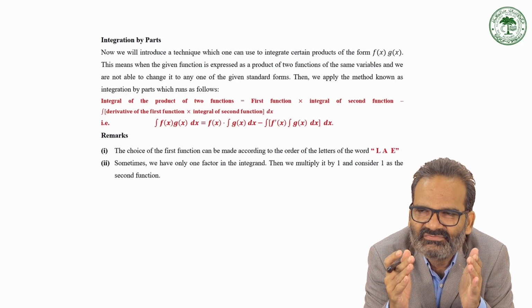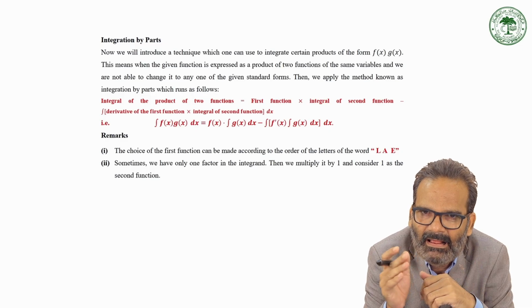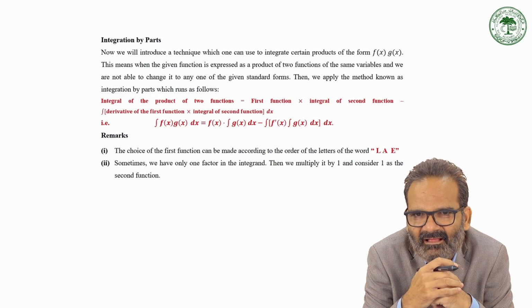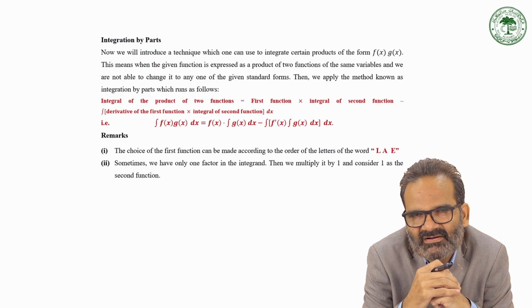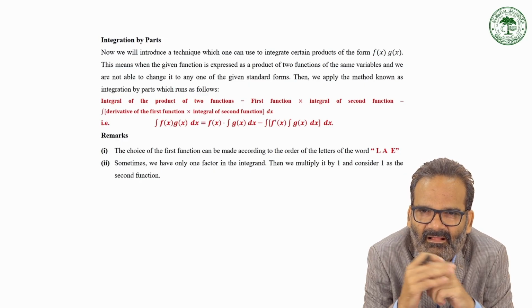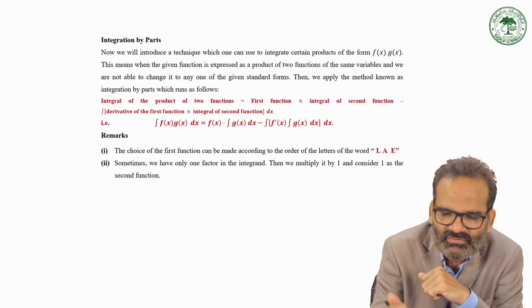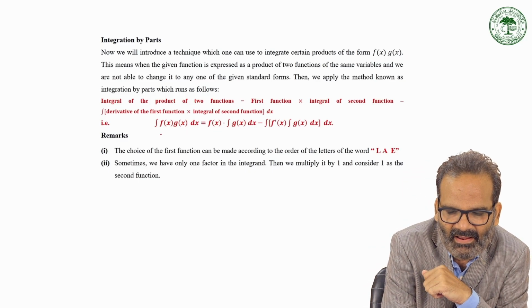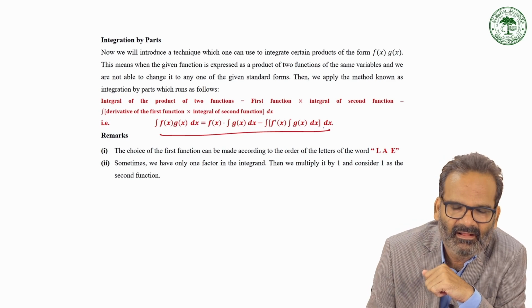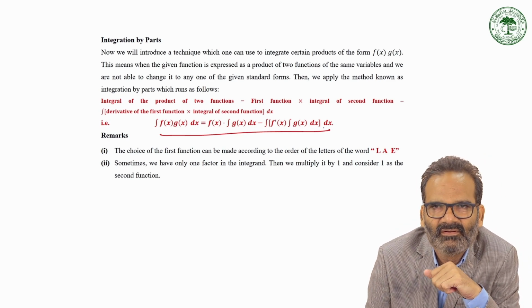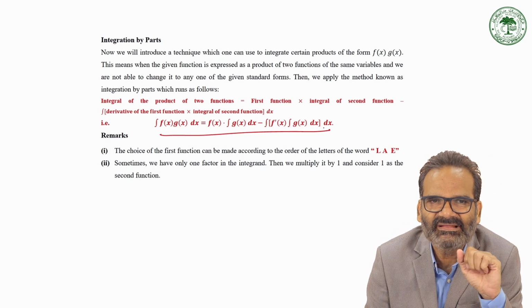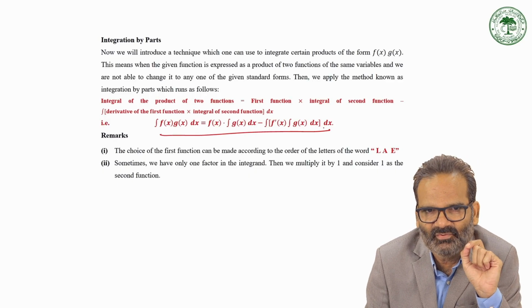So, f(x) into the integral of g(x) dx, minus, under the integral sign, the derivative of the first function into again the integral of the second function, and this product is again multiplied by dx, right? So the product of two functions can be simply integrated by using this formula.